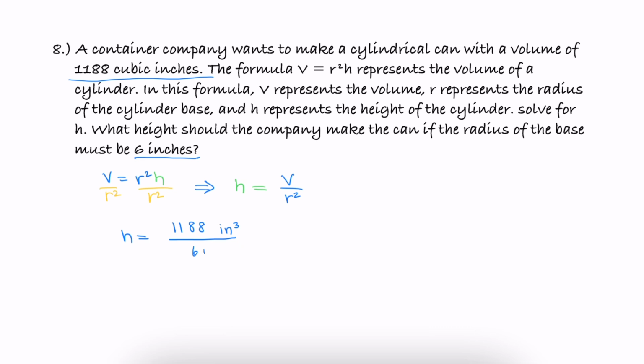So 6 inches squared, which will give us 1188 inches cubed over 36 inches squared. And if you solve for 1188 divided by 36, you'll get about 103.67 inches should be the height.